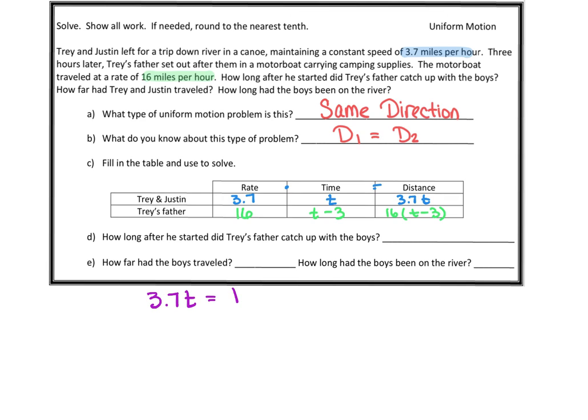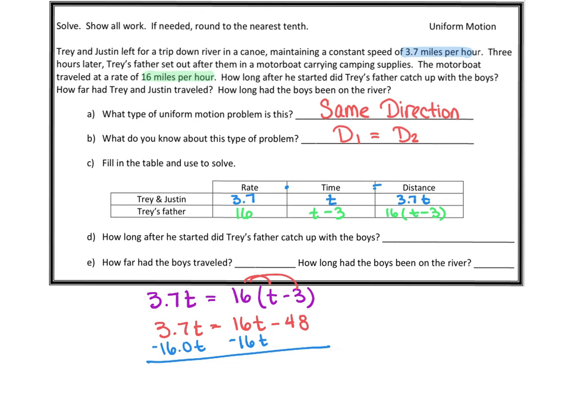3.7t equals 16 times t minus 3. All right, now you're just going to distribute and solve. So I am going to take the 16 and distribute it through. I'm going to subtract my 16t over. Remember to line up your decimals.